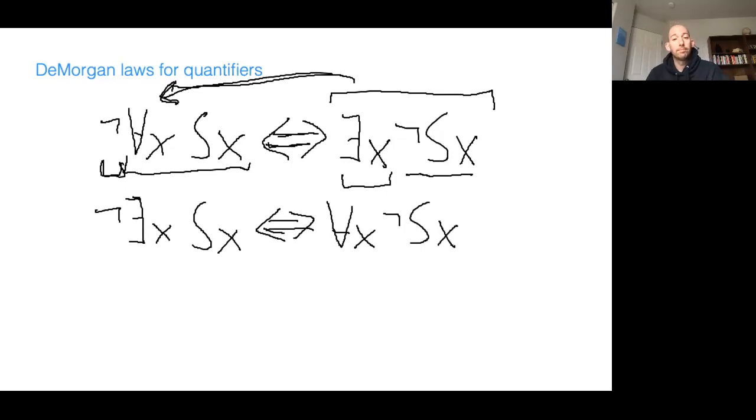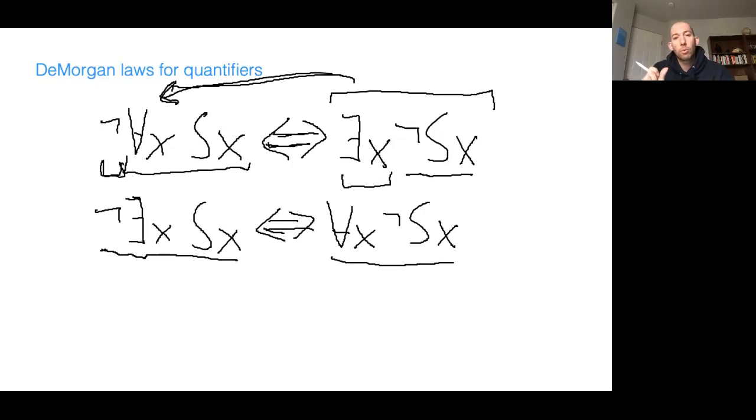The left side says it's not the case that there's at least one x that is small. That means everything in the domain fails to satisfy the condition of being small.